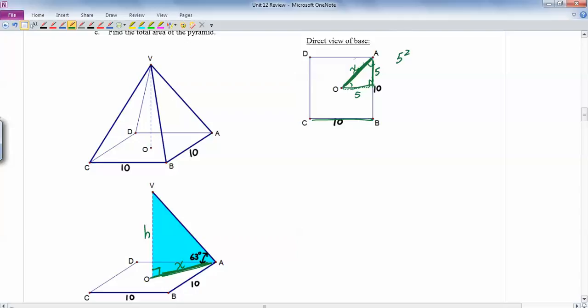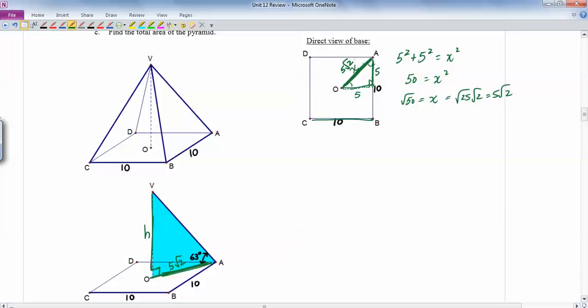We'll go ahead and do Pythag, because you know that'll work. So we get 50 equals x squared, and then root 50 would be x, which you could turn into 5 root 2, because it's root 25 root 2. So I'll replace this with 5 root 2.